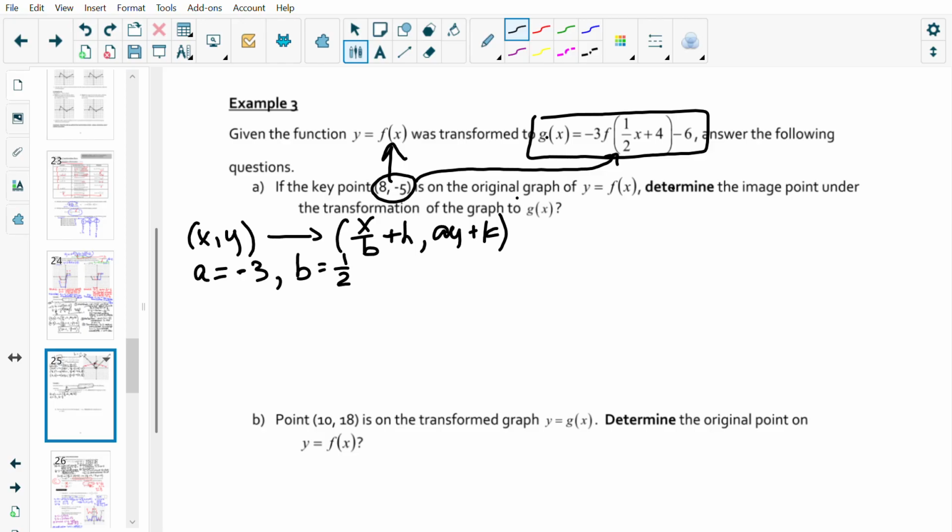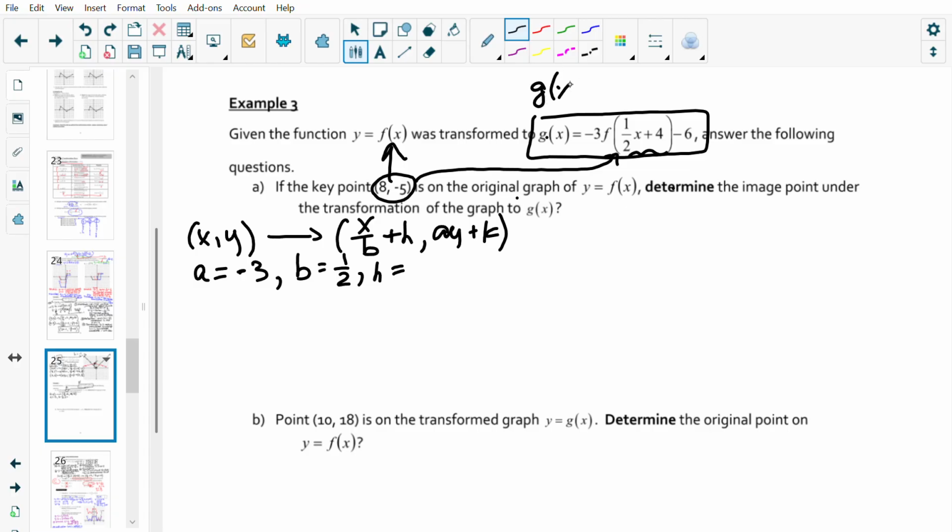B equals 1/2. If we do 1 over the absolute value of 1/2, that's our factor for our horizontal stretch. So it's a horizontal stretch about the y-axis by a factor of 2. But the b value is 1/2. We're just listing all the parameters.